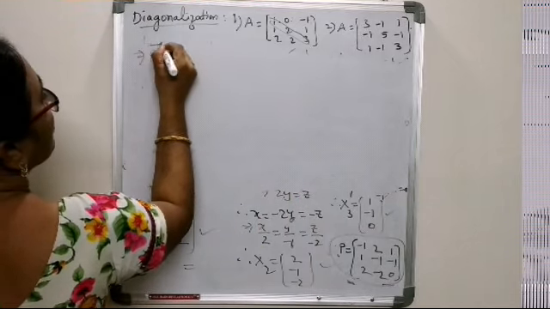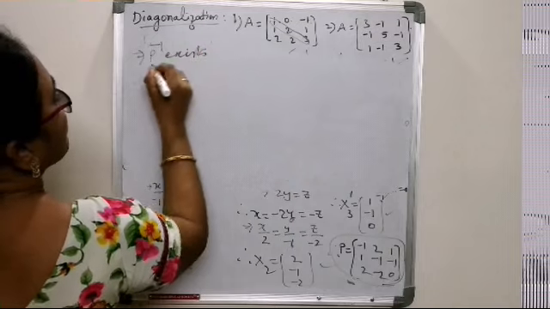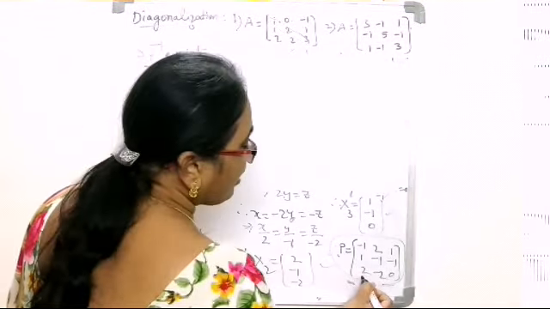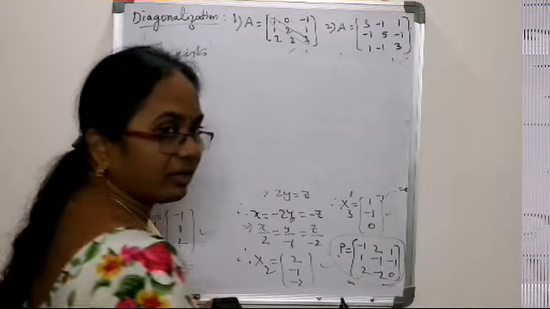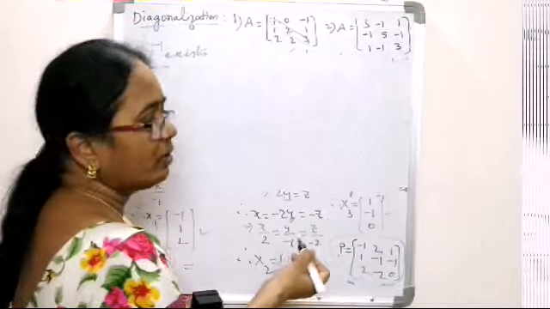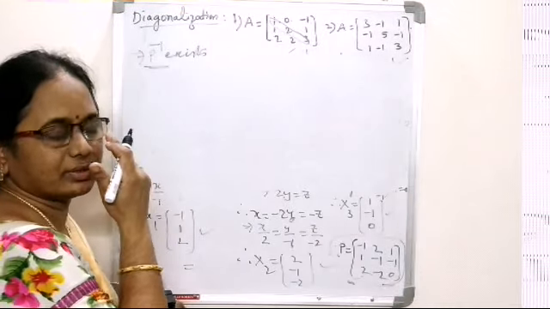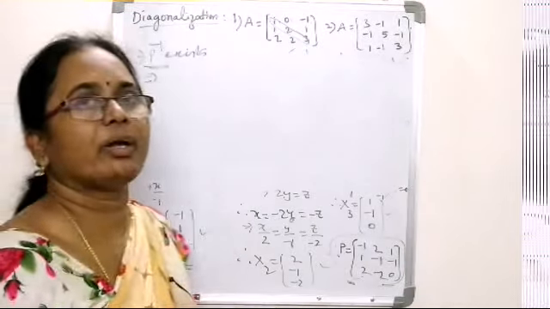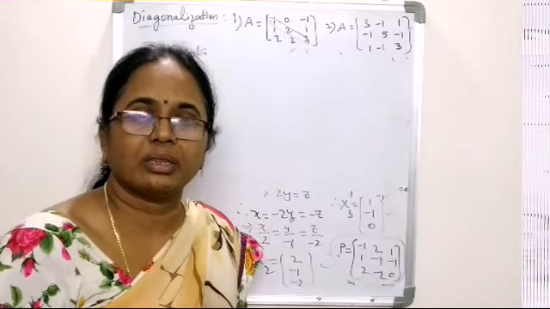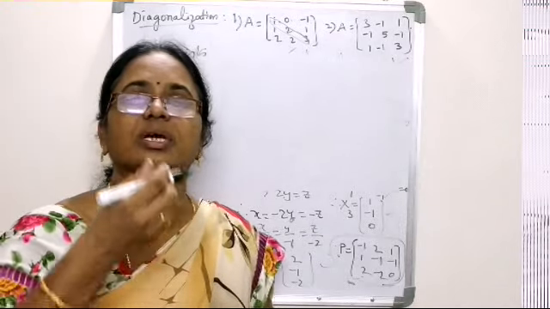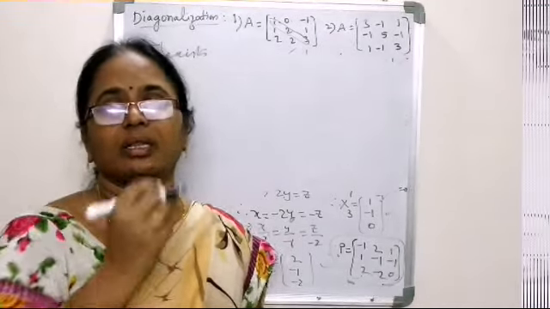We are sure that P inverse exists, because P has independent columns of eigenvectors, so the determinant of P is non-zero. Since P inverse exists, we can calculate it using either the Gauss-Jordan method or the adjoint method. We can even use a calculator to get P inverse.